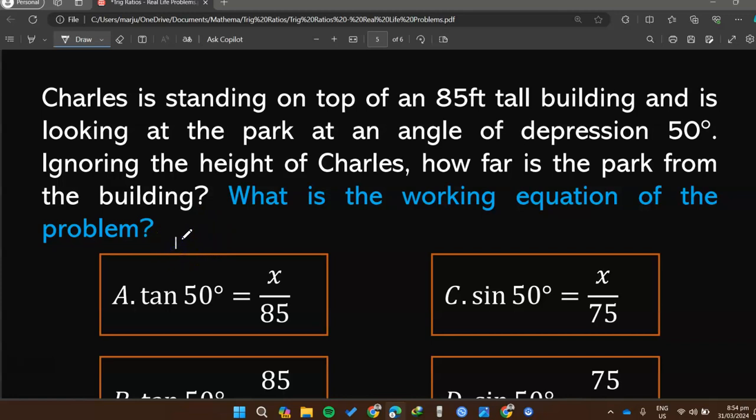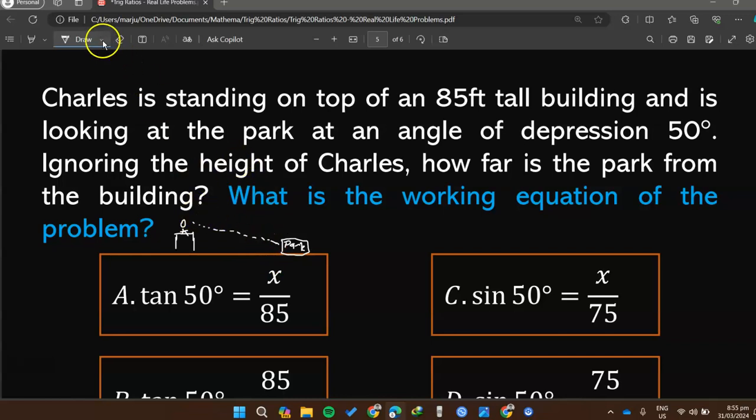If this is the building, and Charles is here, and from afar we have here a park. Then if Charles is looking from the top of the building to the park, we can form that line of sight.